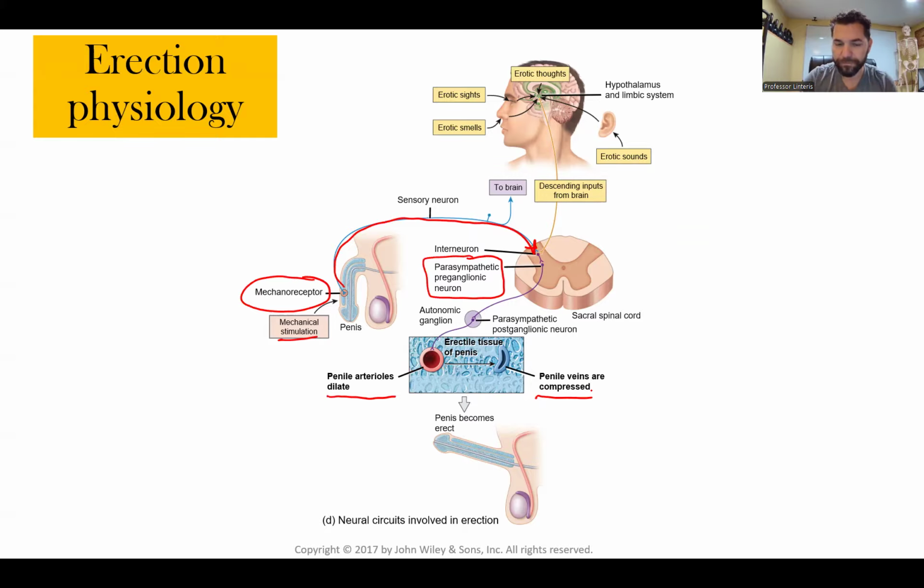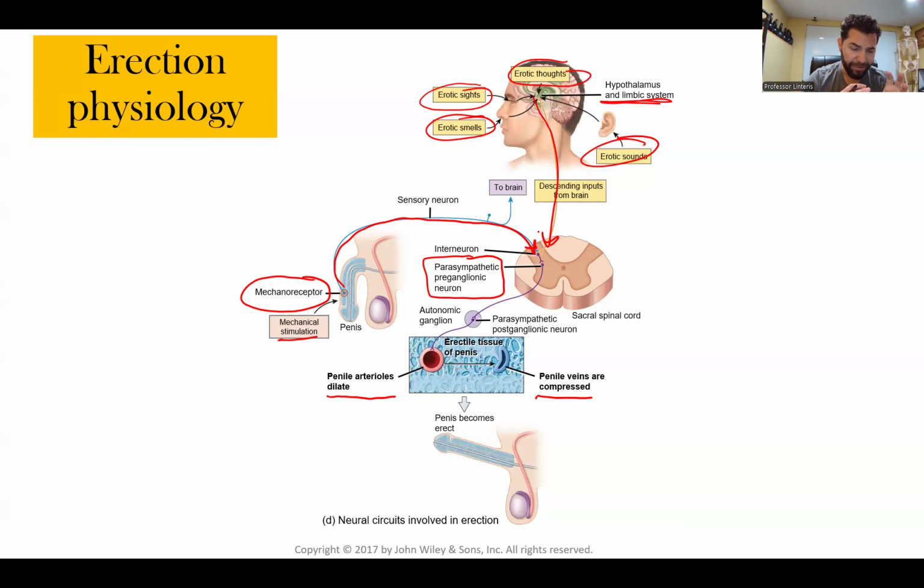In addition, you have some of these hypothalamic or brain controls via the limbic system, thoughts, sights, smells, sounds, etc., that could also trigger that parasympathetic preganglionic neuron to lead to the same thing.